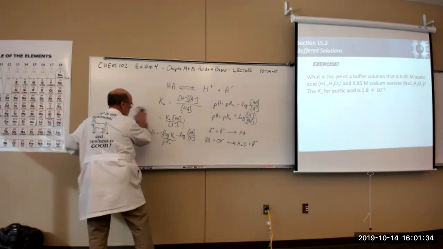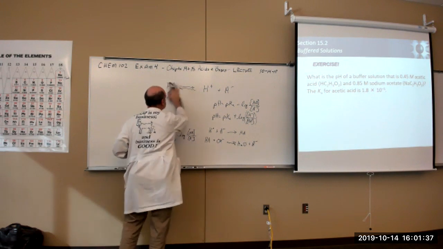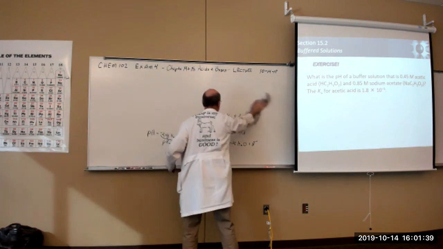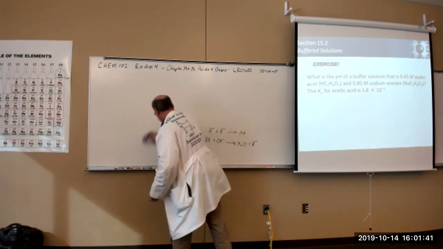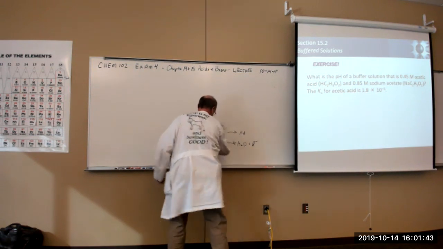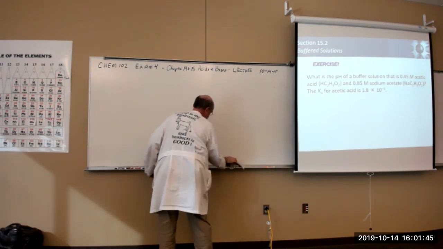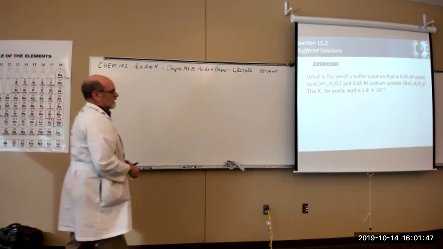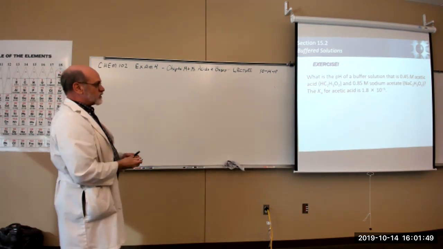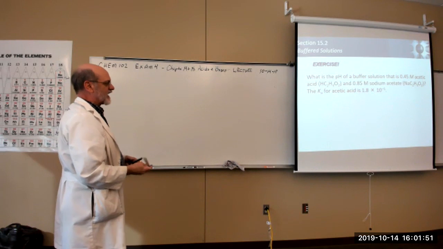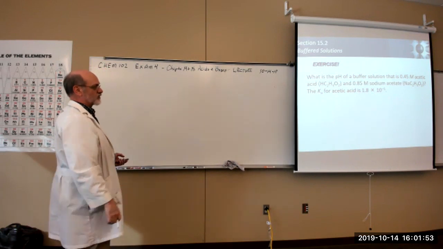So let's look at an equilibrium problem using buffers. We want to know what the pH of a buffer solution is that's 0.45 molar acetic acid and 0.85 molar sodium acetate.